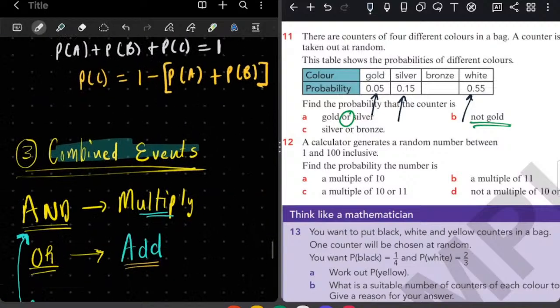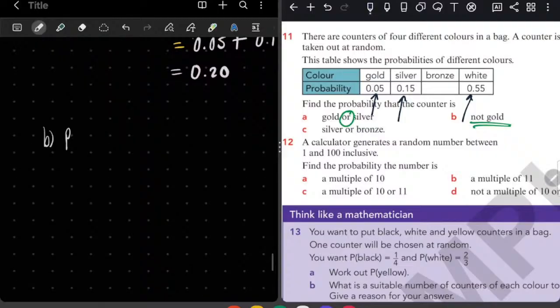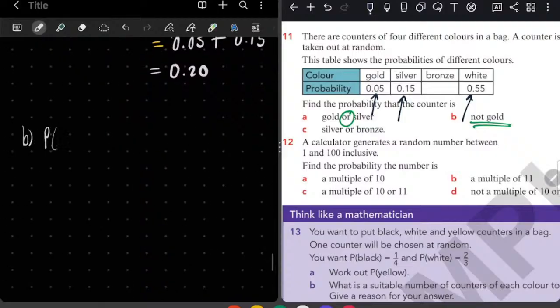So probability of bronze, you know how to get it. You're going to say probability of gold plus the probability of silver plus the probability of bronze plus the probability of white. All of them should give you 1.